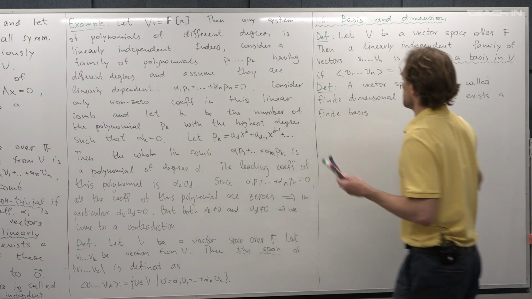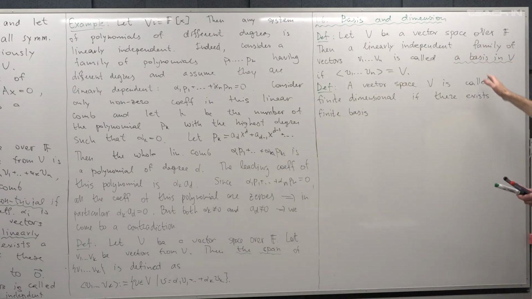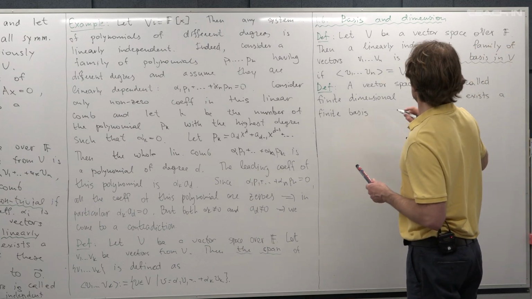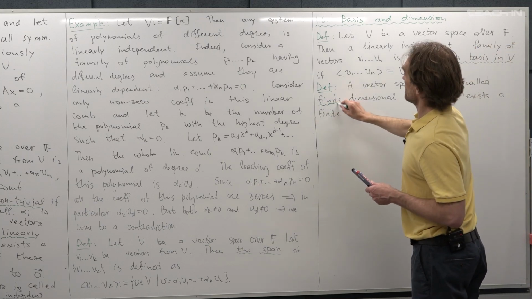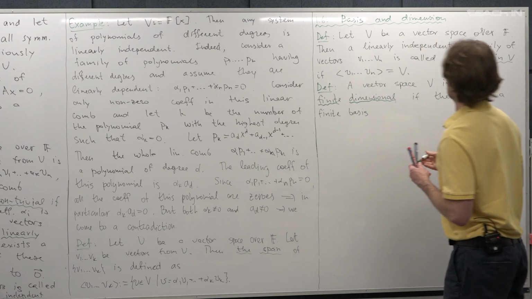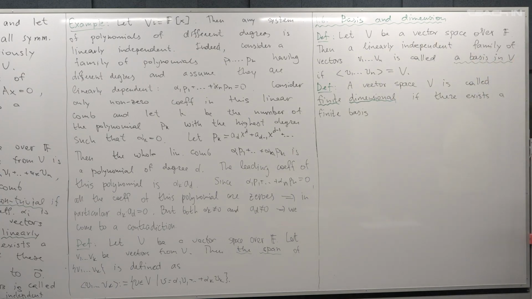We will not consider infinite bases, and here in the definition of the basis we assume that it is finite, but I just want to stress that the basis should be finite. It's called finite dimensional if there exists a finite basis.